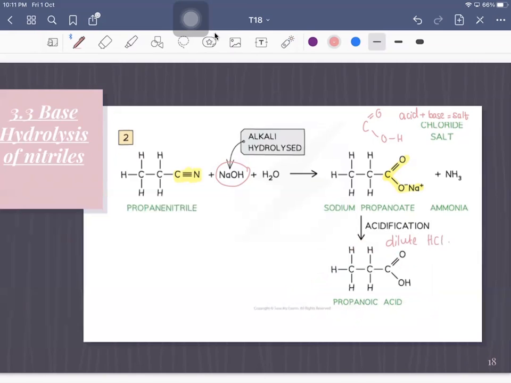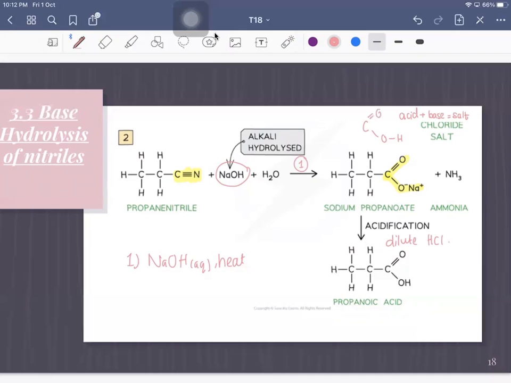So this first part, the condition of the alkali hydrolysis, is first sodium hydroxide, aqueous, which is water, and then you heat it. That's the first part of the reaction.